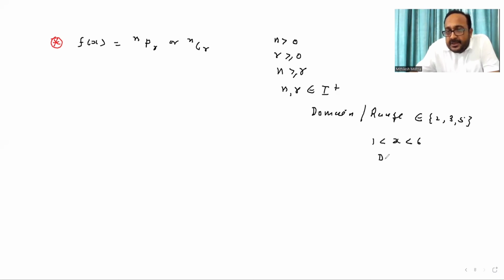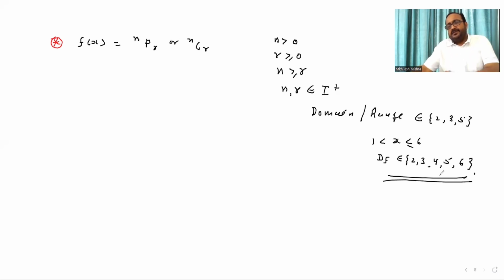Then you will write domain as the elements 2, 3, 4, 5, 6. In this way, you will write the domain and range. Right? Sometimes one of the options in the examination is given in interval form, so this will not be the right answer.